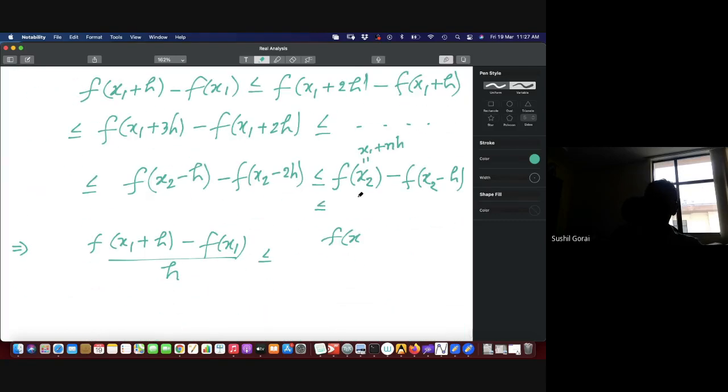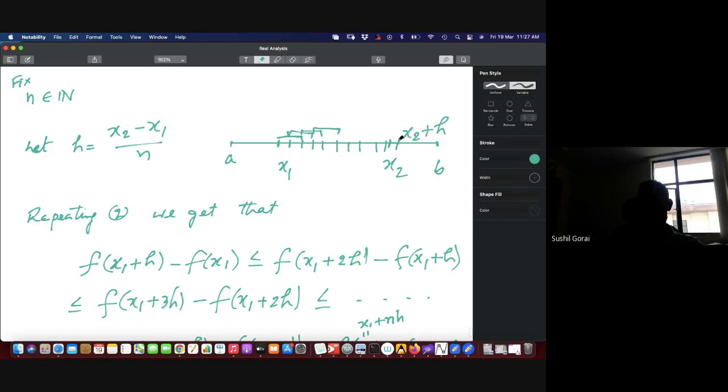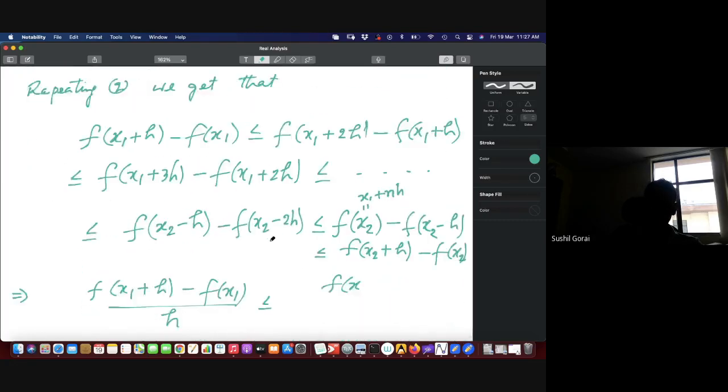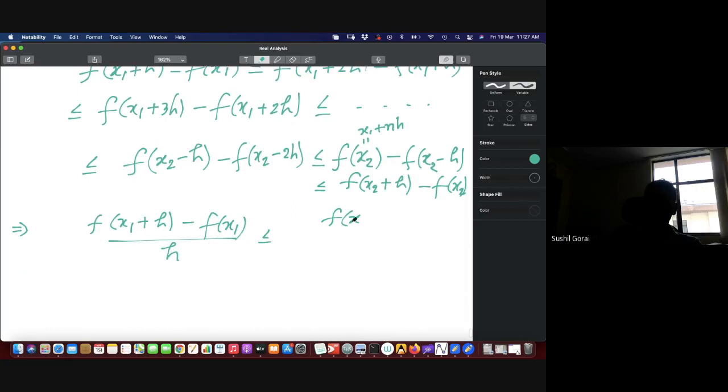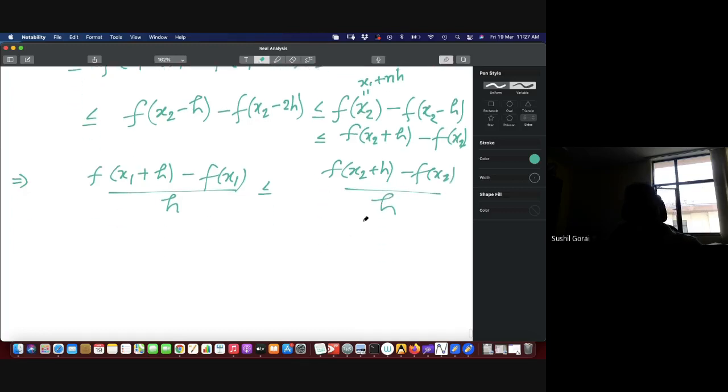So this would be f of x2 plus h minus f of x2, by h, so that x2 plus h belongs there. We can do that, right? Is this clear?